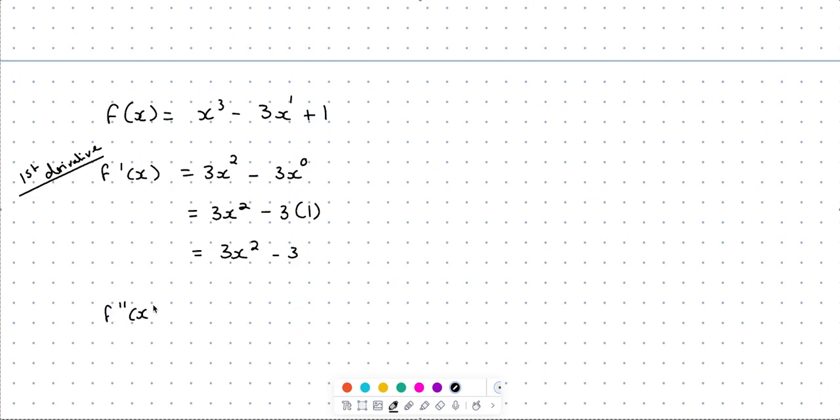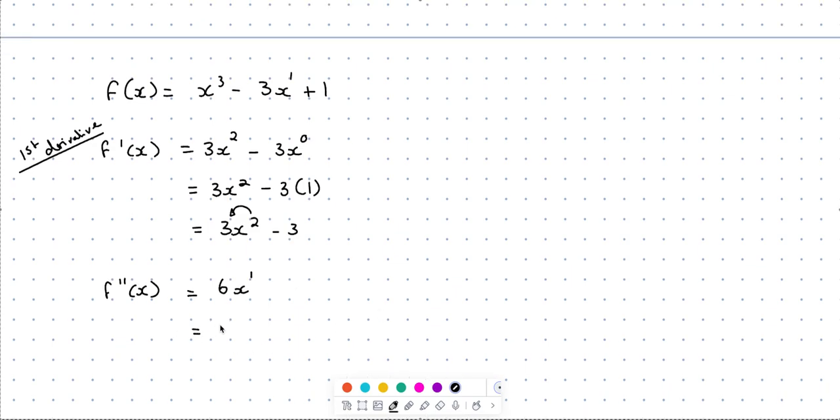So we basically take this and do the process all over again. We multiply down by the power, so we get 6x, take 1 off the power to the power of 1. Constant, gone, because the rate of change of a constant is 0. So the second derivative is 6x.